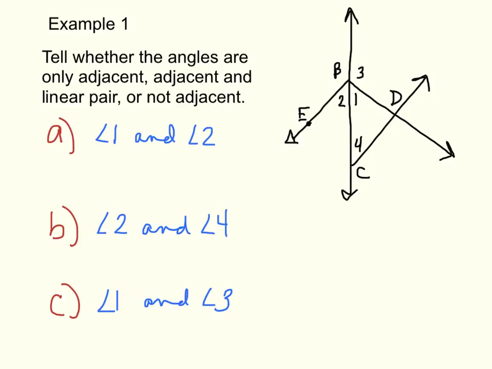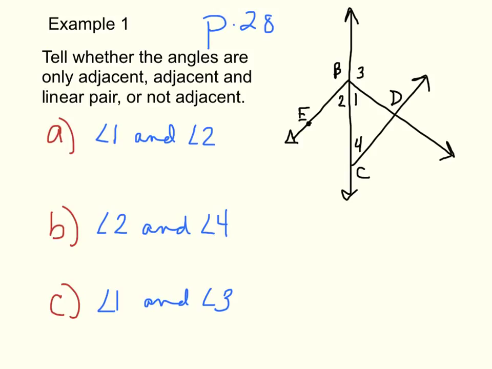Example number 1. This you can just watch. You don't need to write any of this down. It is all on page 28, but I want you to just pay attention to me. Tell whether the angles are adjacent and a linear pair, or not adjacent at all. So let's look at angle 1 and angle 2. Angle 1 is right here, and angle 2 is right here.